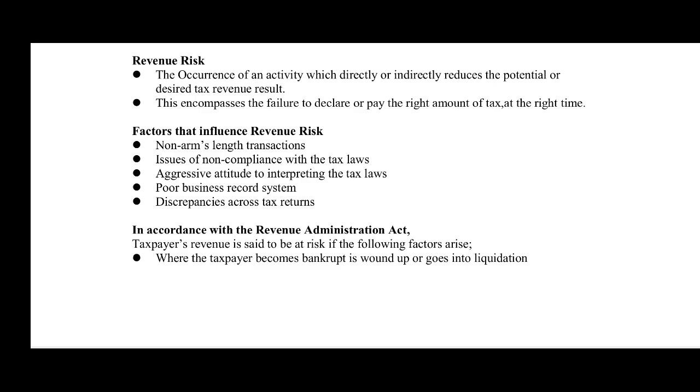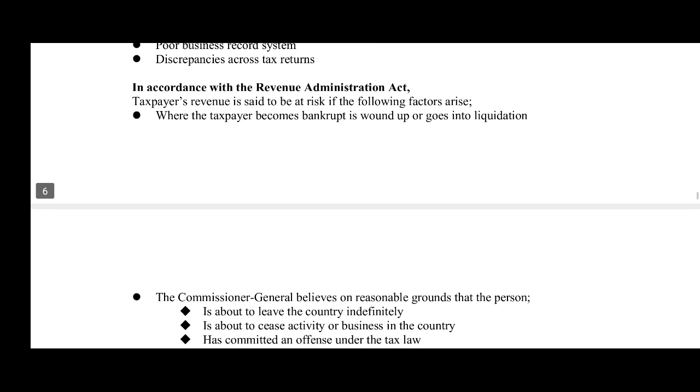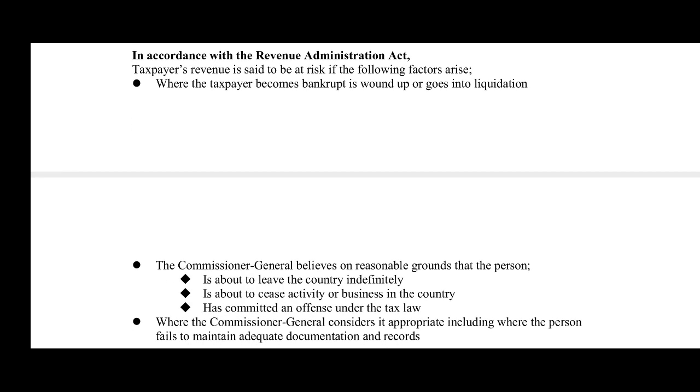So we have things like non-arm's length transactions or transfer pricing manipulations, issues of non-compliance with the tax laws, aggressive attitude of the taxpayer in interpreting the tax laws, poor business record systems, discrepancies across the taxpayer's tax returns and tax files. And in accordance with the Revenue Administration Act, the taxpayer's revenue is said to be at risk if the following arise.